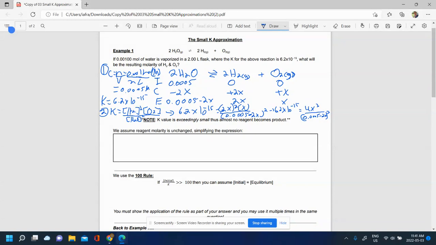And so here's what I want you to notice. This K value is a very, very small K value. Remember, when you have a K value that's less than 1, your reactants are favored. This is much less than 1, so your reactants are definitely favored.